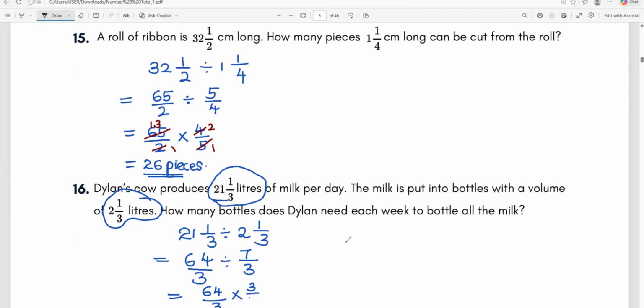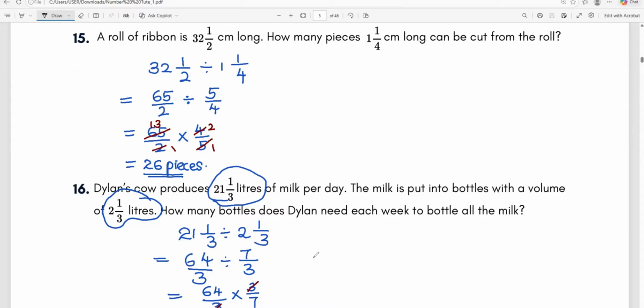Reciprocal. I can cancel 3 and 3. But 64 and 7 I can't.